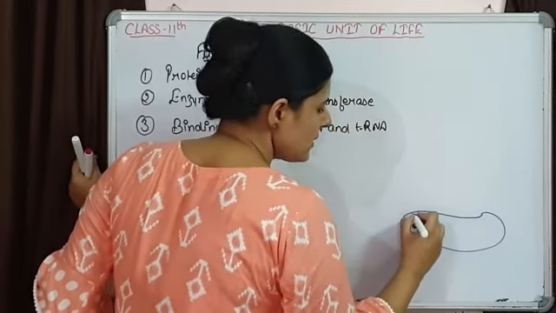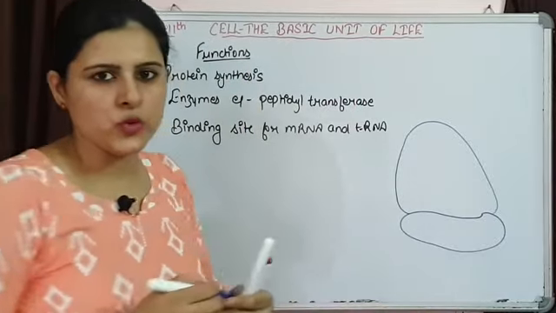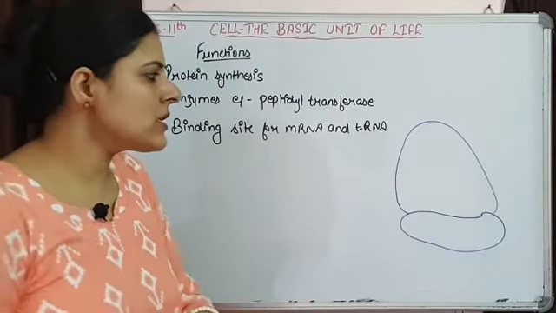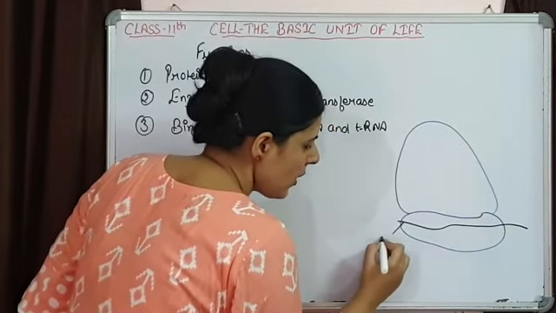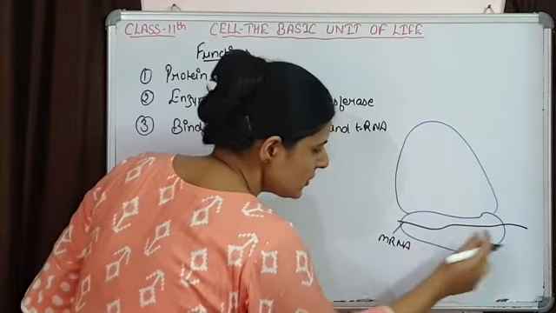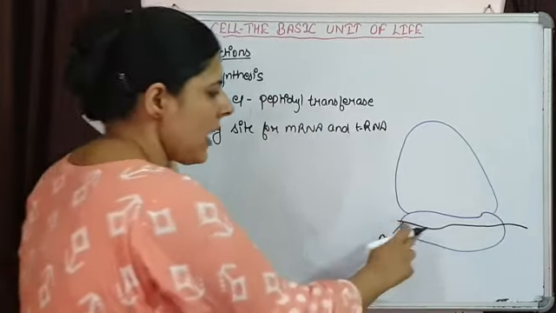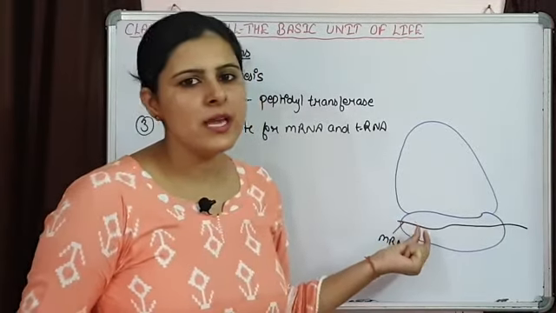Say this is the smaller subunit and this is the larger subunit of a ribosome. तो जो small subunit होती है ribosome की, that smaller subunit is having a binding site for a mRNA. So this is how a mRNA is going to enter into this smaller subunit and it is going to bind. जो यहाँ पर rRNA present है, these are going to provide the binding site for this mRNA.